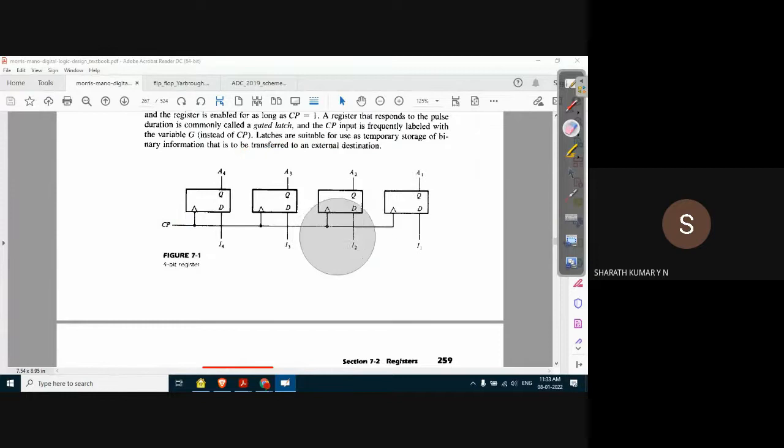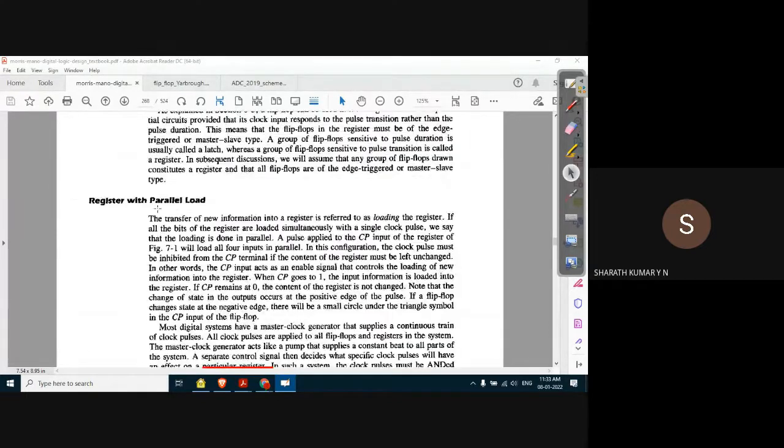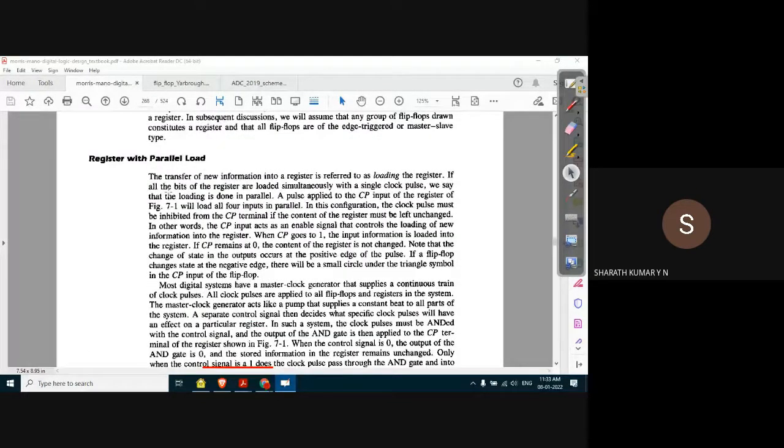Now we have a register with a parallel load. In this case, the transfer of new information into the register is referred to as loading the register, that is, providing the data to the register. If all the bits of the register are loaded simultaneously with a single clock pulse, we say that the loading is done in parallel.